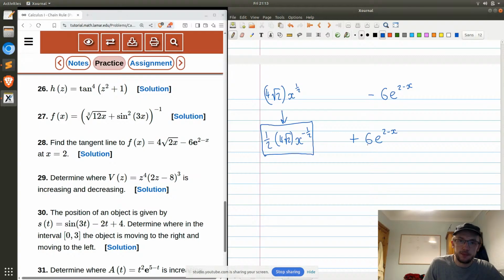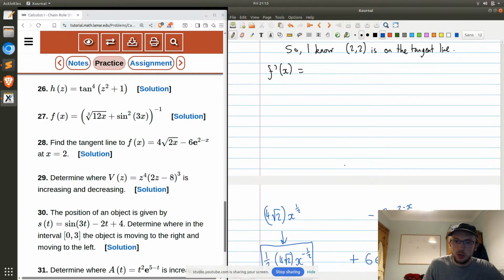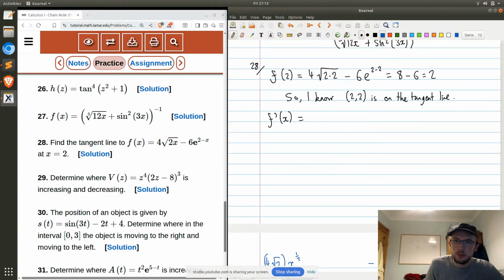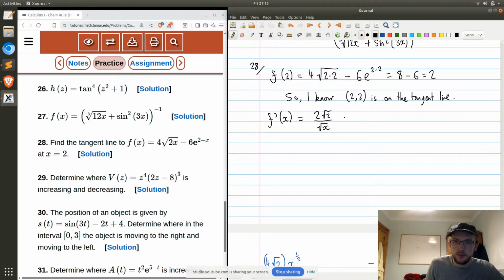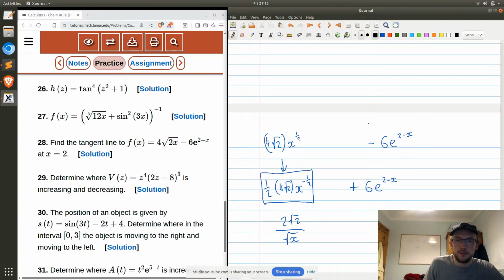We'll go with that. And that there turns into 2 root 2 over root x. And there, plus 6e to the 2 minus x. Or so I think. I'll just leave that there.